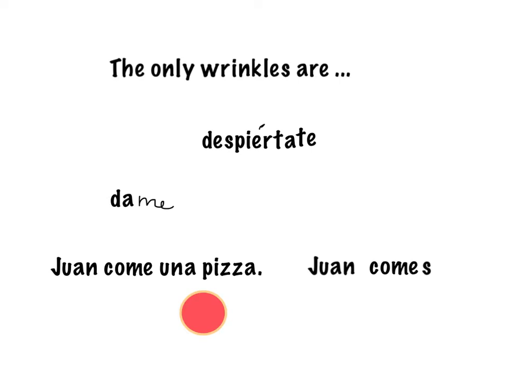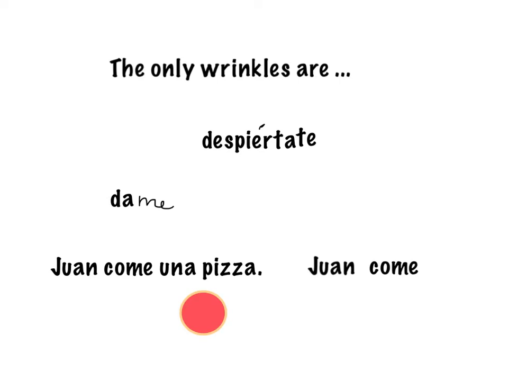If we want to use direct object pronouns like Juan come una pizza, and we want to say instead he eats it, we'll take the S, make it go away, Juan come. Okay, now we have to deal with the pizza.